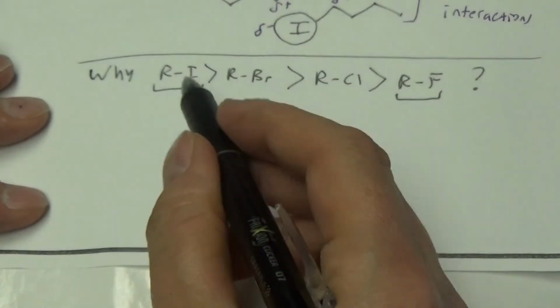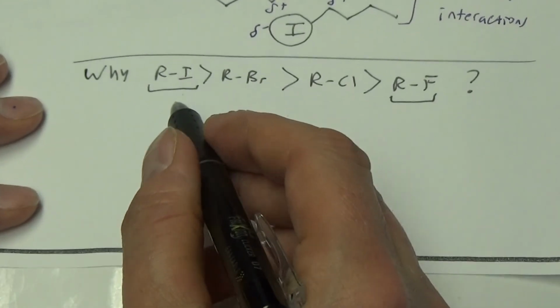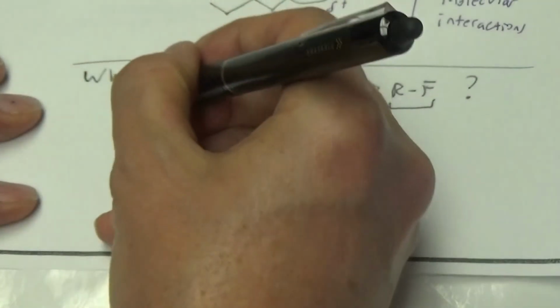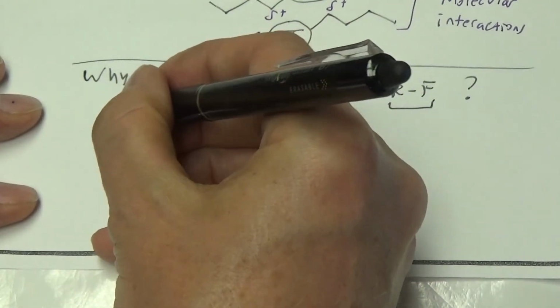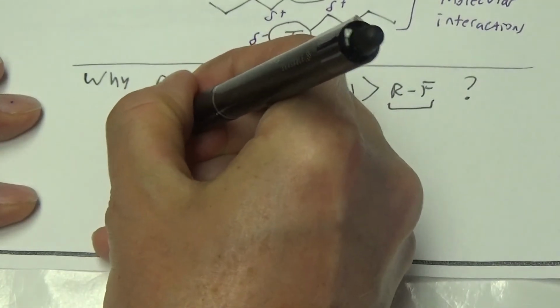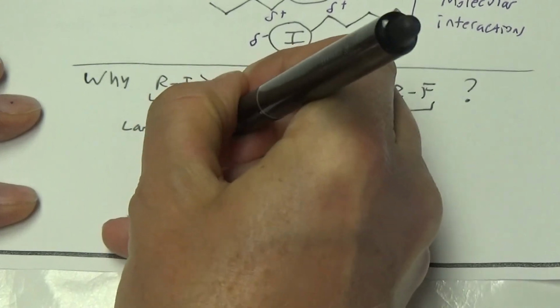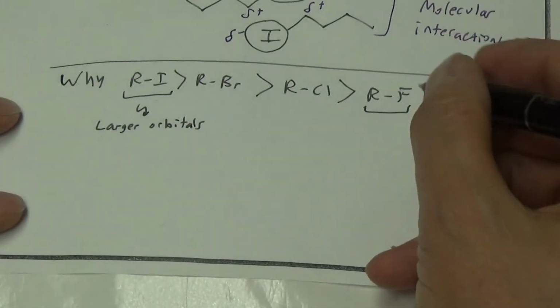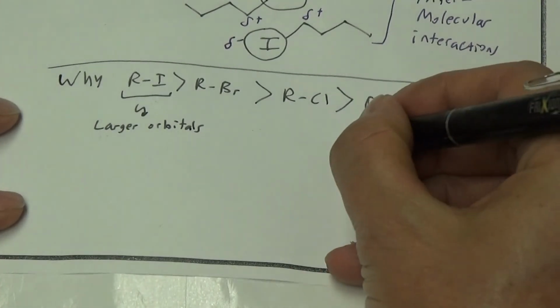All right. So as we know, when we have iodides versus fluorides, iodides have large orbitals, right? Fluorides have smaller orbitals.